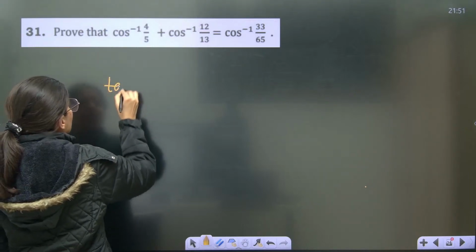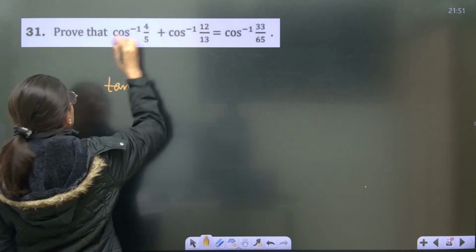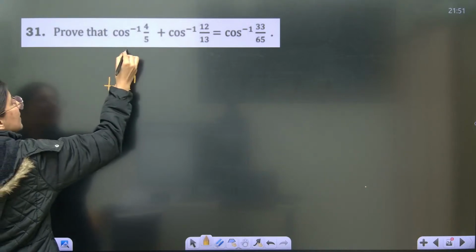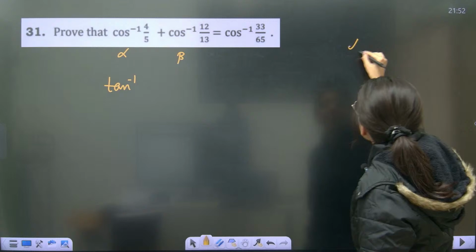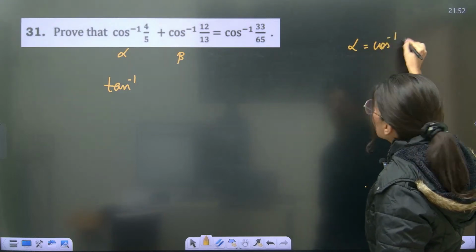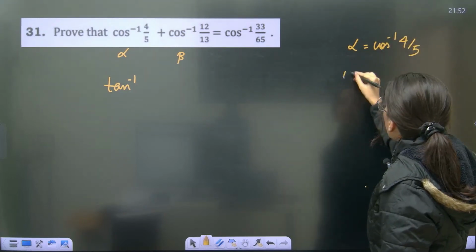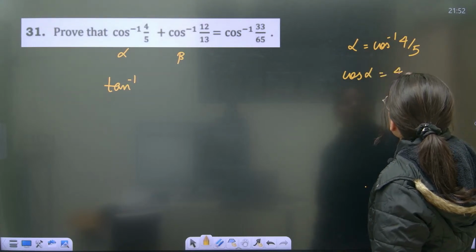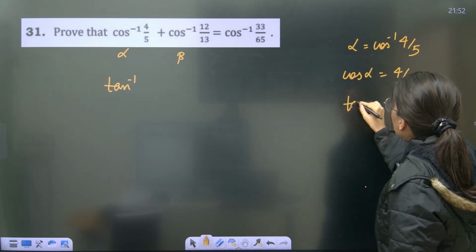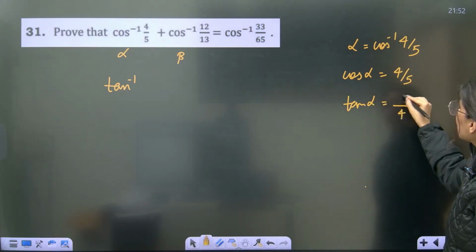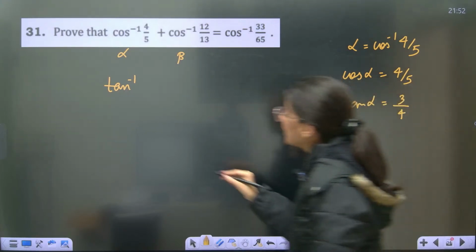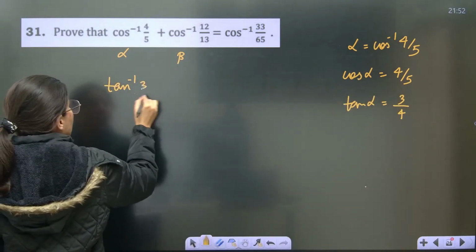Here, alpha is cos inverse 4/5, so cos alpha is 4/5. Tan alpha is 3/4, so alpha is tan inverse 3/4.